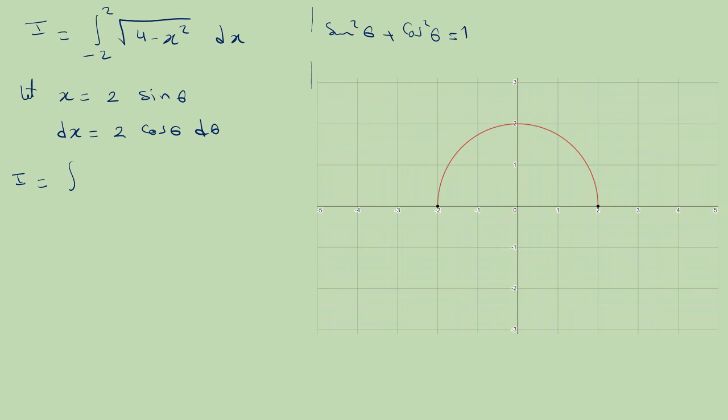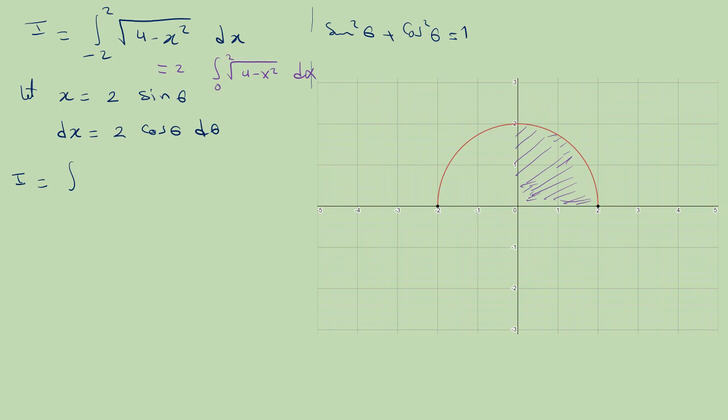We can say the integration from negative 2 to 2 can be put as twice the integral from 0 to 2 of this part. The area of the semicircle is twice the area of this part, twice the area from 0 to 2 of the function square root 4 minus x squared dx.